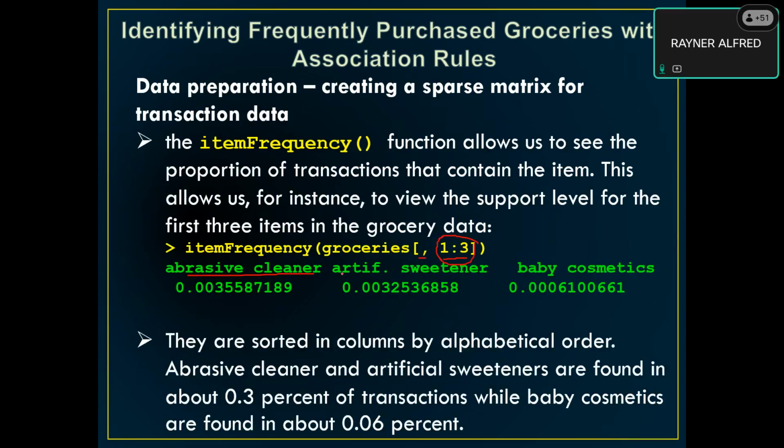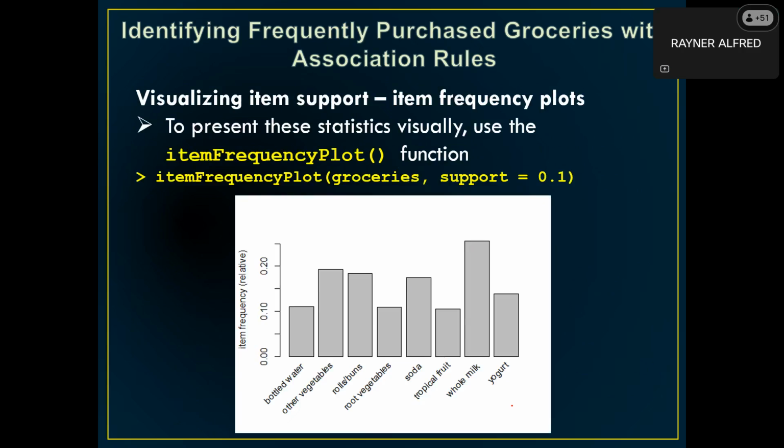In this one we have the abrasive cleaner, then the second one is the artificial sweetener, and then the baby cosmetics. So these are stored in column number 1, column number 2, and column number 3. This is the item frequency. They are sorted in columns by alphabetical order: A, and then A, and then B.